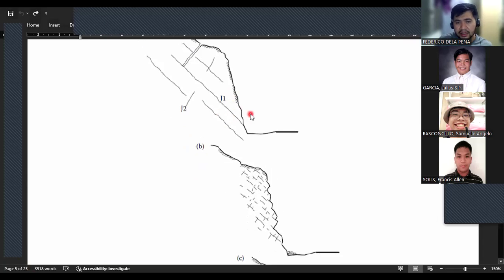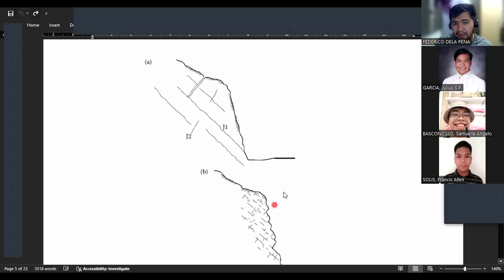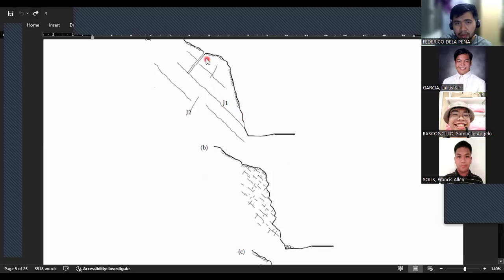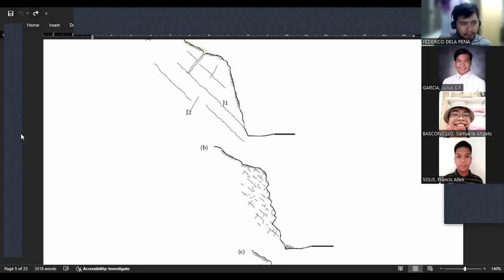Okay, we have a cross-section view of two rock slopes, A and B. And persistence, basically, is the length of the discontinuity relative to the outcrop.